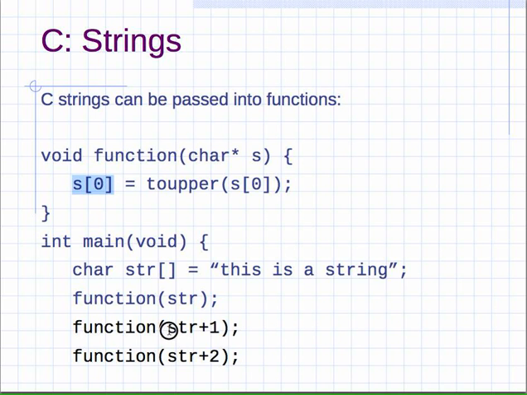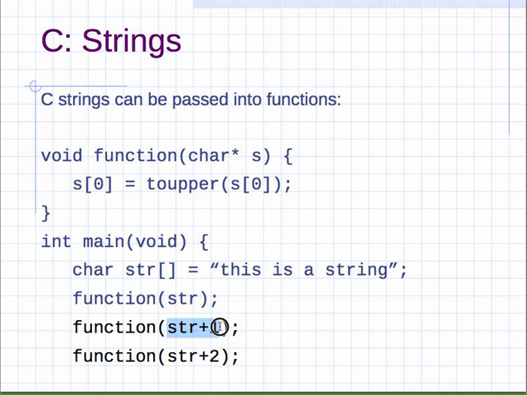Now, if we pass in str plus 1, we're doing some pointer arithmetic, which we can do. It's allowed. It's not usually done. This would be just like saying, get the address of str square bracket 1. It'll be the same thing.